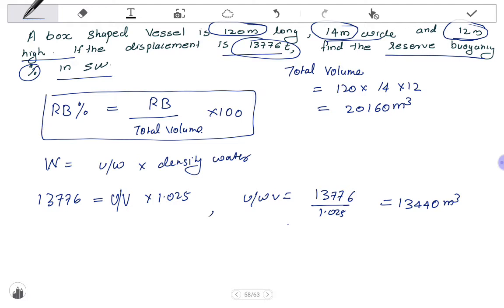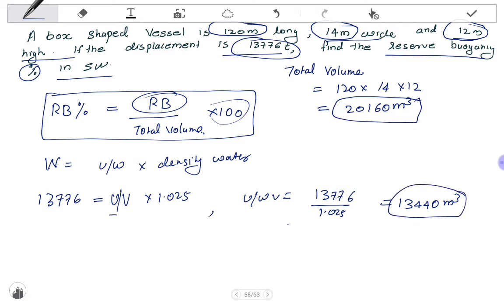Let's go back to the equation once again. What is reserve buoyancy? Reserve buoyancy percentage is equal to RB by total volume into 100. Reserve buoyancy is the volume above the water line. So above water volume is equal to total volume minus underwater volume.